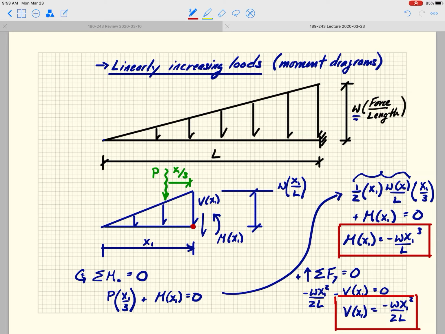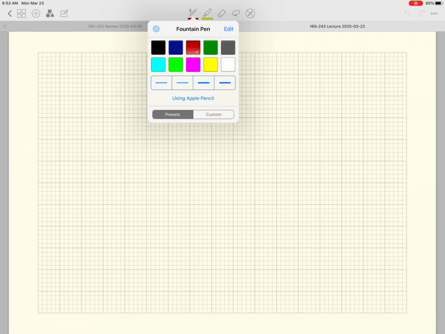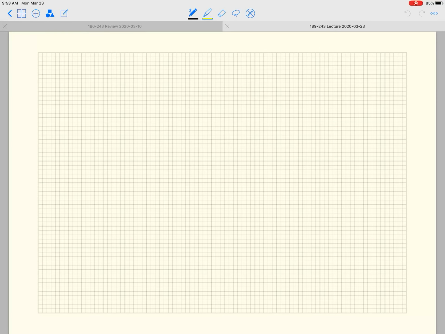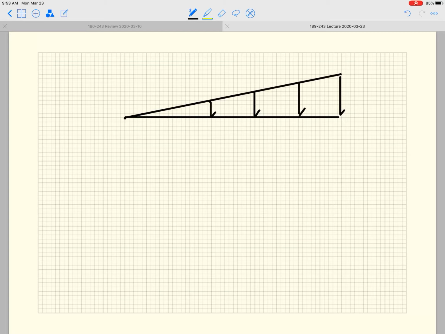All right. So that's our moment and shear diagrams. Now we've just got to draw them. So if I go to the new sheet here, I will redraw the applied load like that.